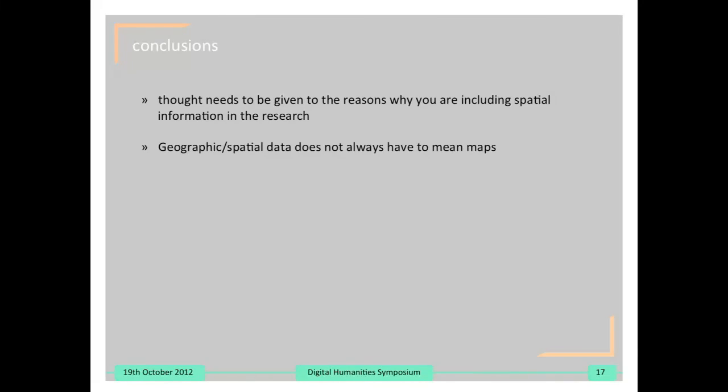And also that geographic and spatial data does not always have to mean maps. A big inspiration for me was the more information visualizations, such as what Gavin talked about. Those sorts of areas are really interesting in trying to communicate data to everyone. So that's it. Thanks very much.